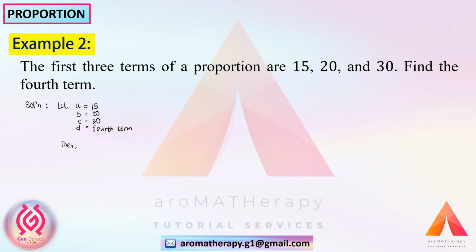Then A is to B is equal to C is to D. Now let's input all the values. 15 is to 20 is equal to 30 is to. Again, we are asked to solve for the fourth term, so let's denote D with X since this is the unknown.